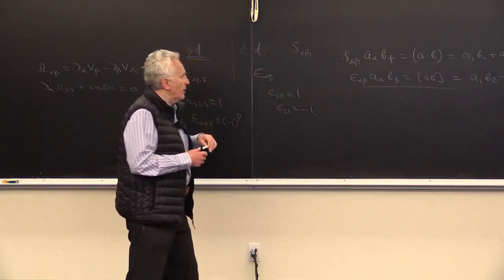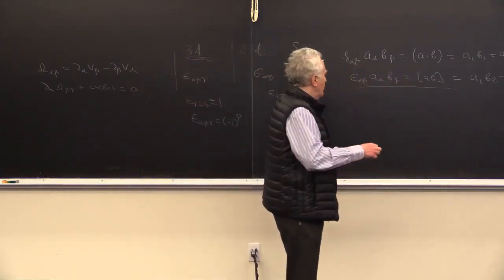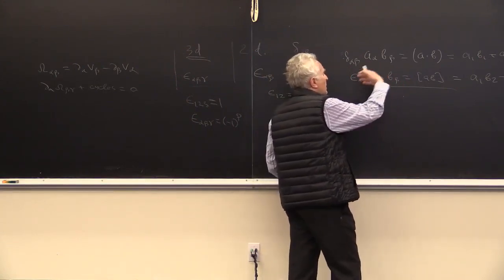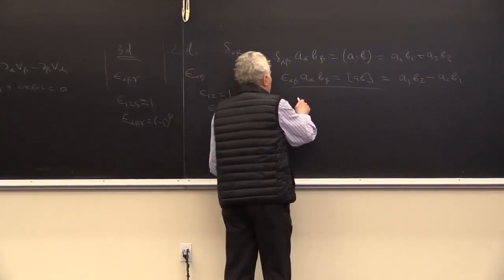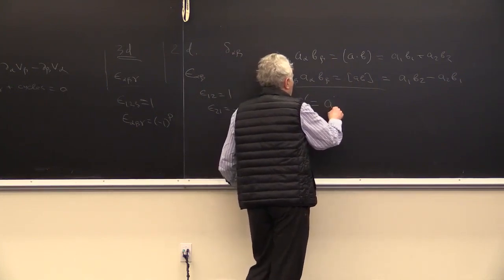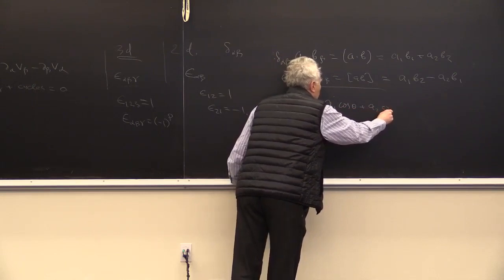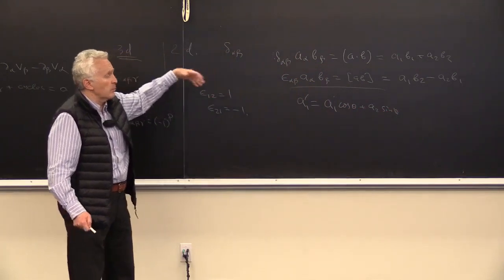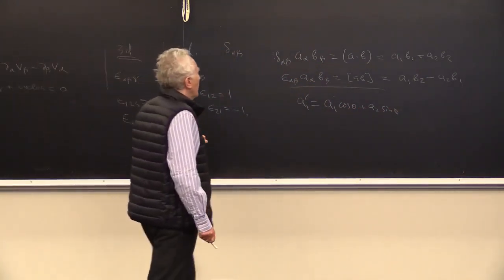By the way, I hope it should be clear, but I will mention it briefly anyway: when I'm saying they are scalars, what do I mean by that? I mean that if I substitute instead of A1, A1 cosine theta plus A2 sine theta, and so on, then the thing will not change. The primed products will be the same as unprimed.